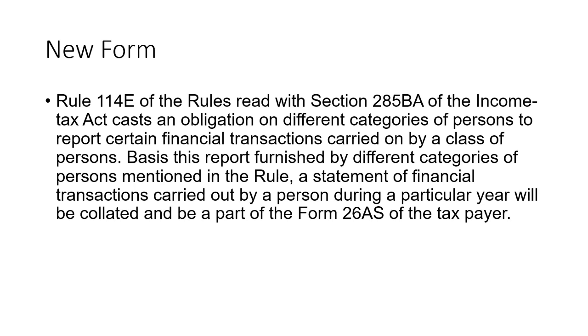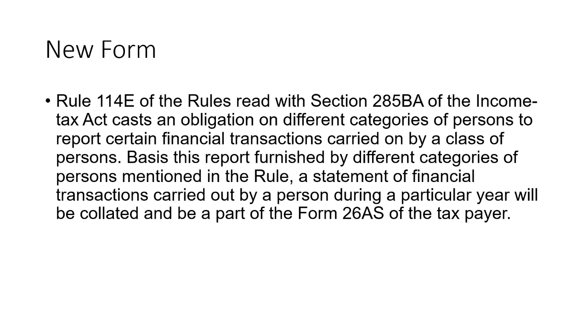So financial transactions are disclosed in 26AS, and that is required to be incorporated in income tax returns also. This is a report furnished by different categories of persons mentioned in the rule. A statement of financial transactions carried out by a person during the particular year will be collected. It is just mapping the information submitted by the various authorities.